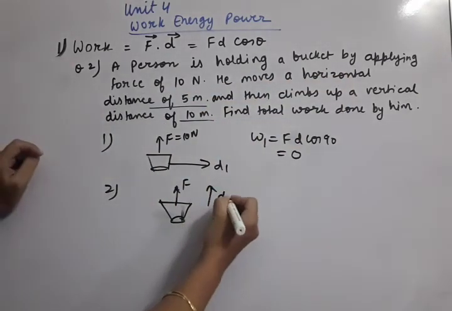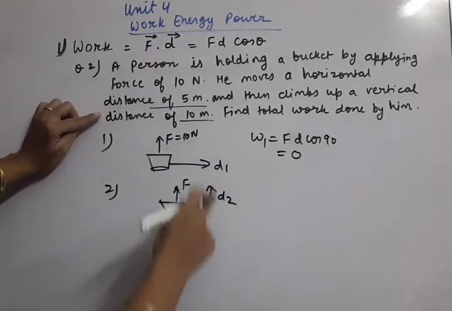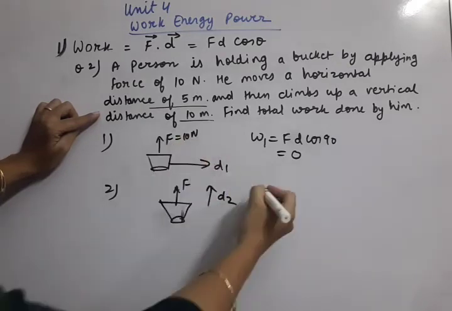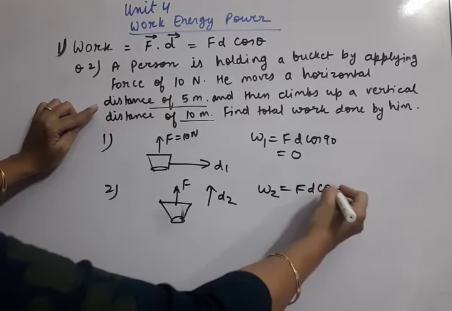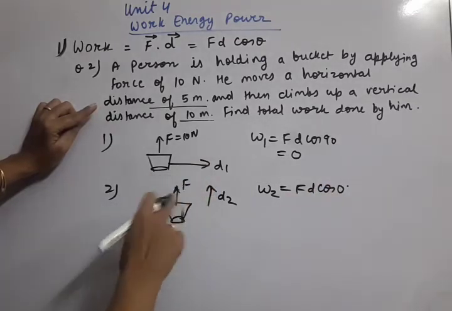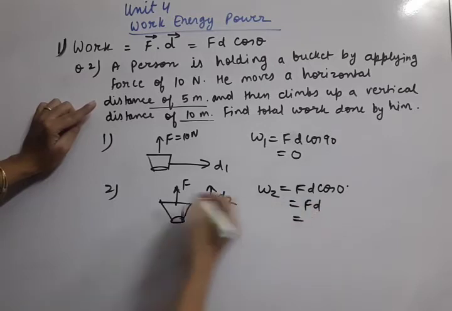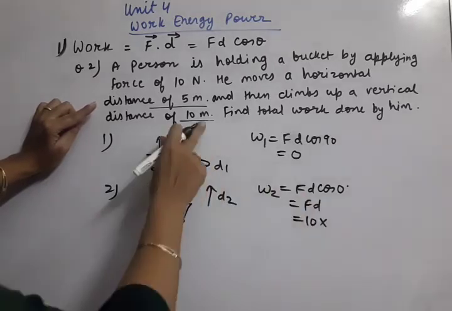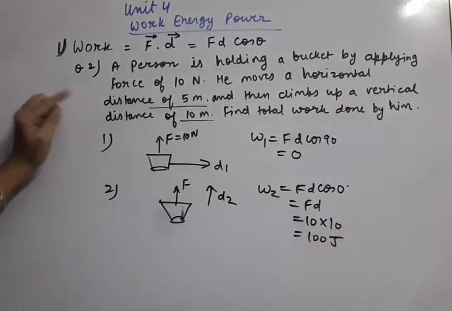So the displacement in the second case is vertically upwards. So in the second case, work done is FD cos 0, because the directions of F and D are same. So it is only FD. Force is 10 Newton and displacement is 10 meter. So finally the answer will become 100 joule.